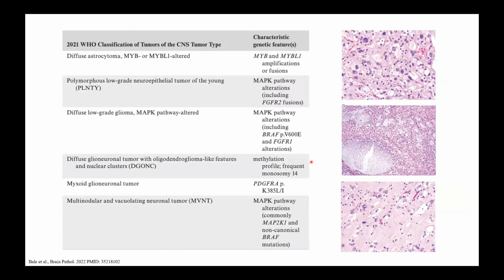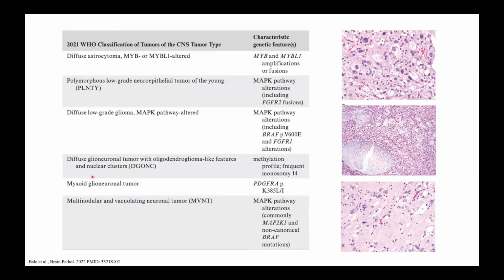Some that have fairly characteristic histologies, such as this polymorphous low-grade neuroepithelial tumor of the young, which is a fairly lengthy diagnosis that's often abbreviated as a PLNTY, has a somewhat oligo-like appearance with more nuclear pleomorphism. There are tumors that have features that kind of overlap with other entities.